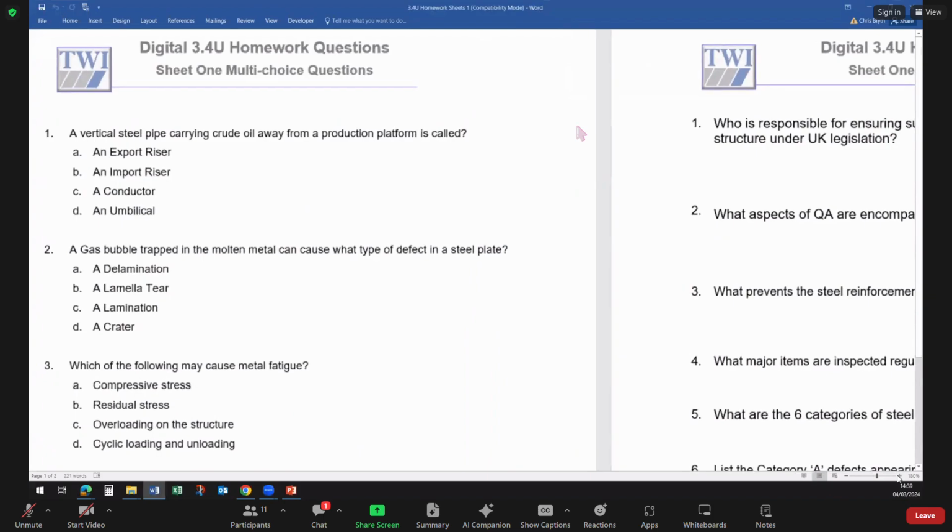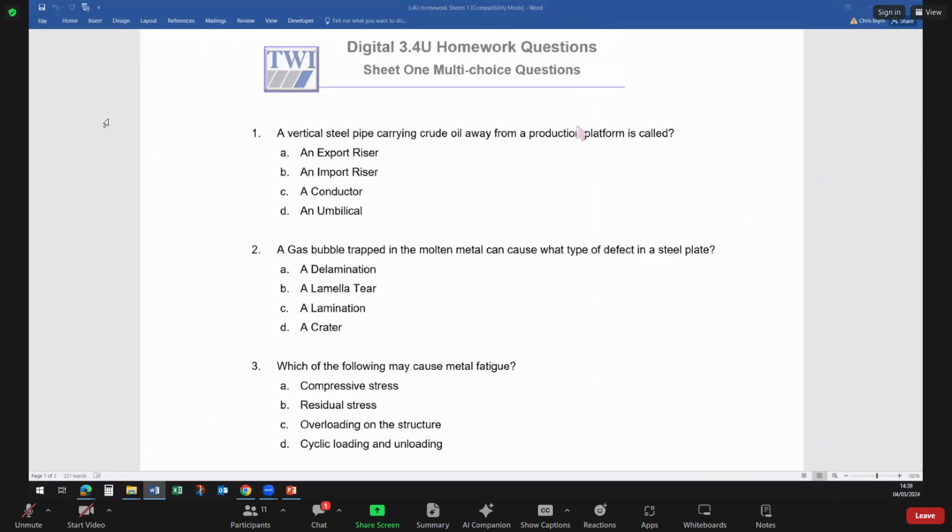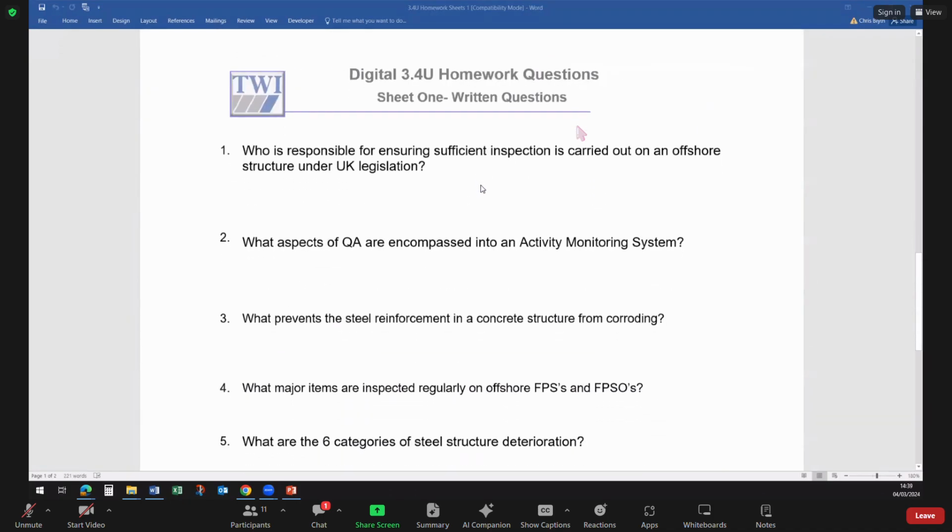Some quite easy multi-choice questions just to get you warmed up. So read the question and select whichever answer you think is correct. Obviously, I don't know whether they're right or not because I haven't read them. And then there are some short written answers to do.